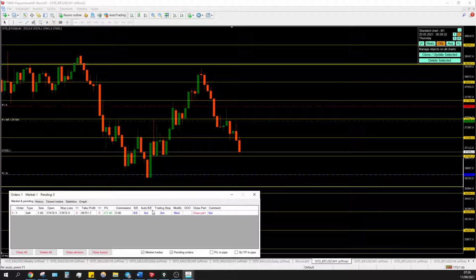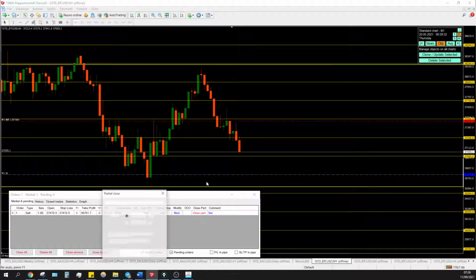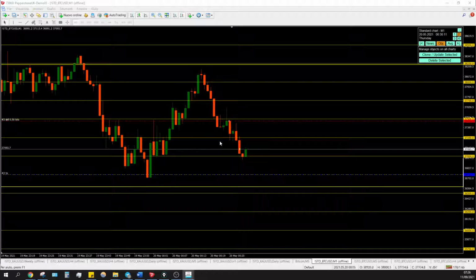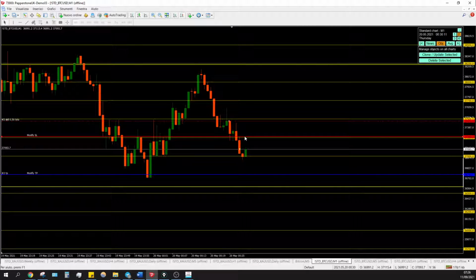We can go to break even and take some partials, 50% if you want. If you want to, you can even put the stop loss over here, so you have guaranteed some profit.